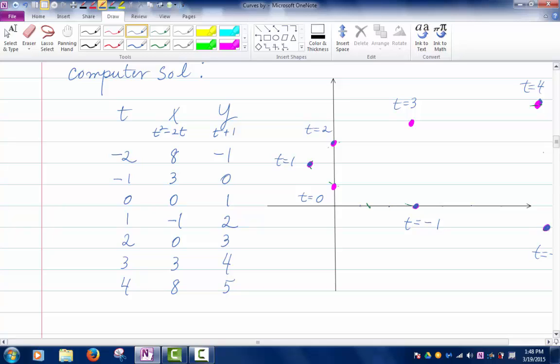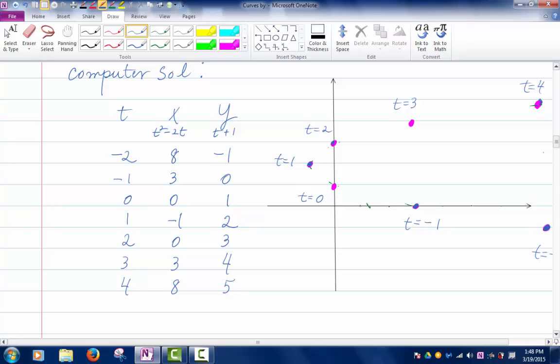So let's pick t to be -2, -1, 0, 1, 2, 3, 4, and then let's compute x. Remember, x is what? T squared minus 2t. Y is t plus 1. So when t is -2, what is x? Well, you're going to plug in -2 for t.